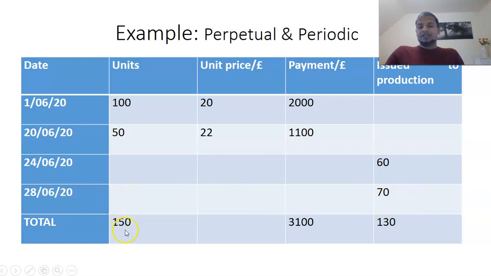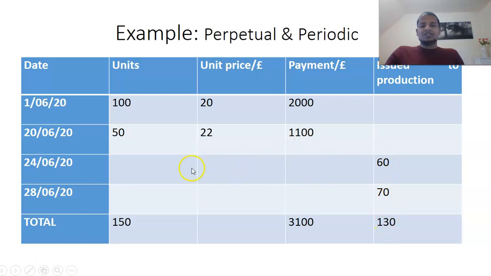So total purchase is 150 units, and the total price the company paid is 3,100 pound. Out of these 150 units, the company used 130 units in the month of June 2020.